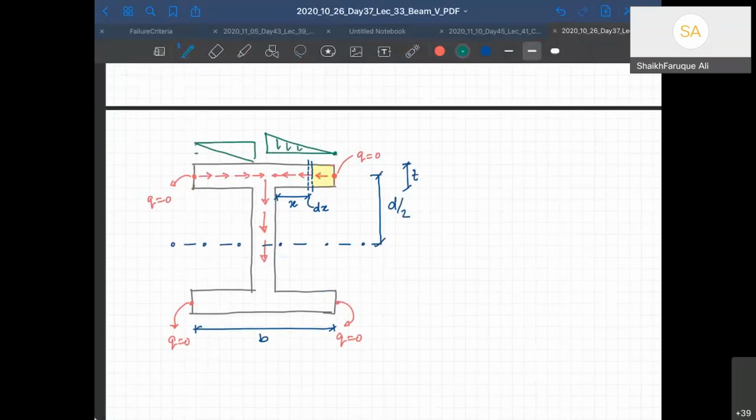You can draw it on both sides. Some books will draw it on both sides, some books will draw it at the bottom side like this. It depends on how you draw, but it doesn't matter because the direction is given by the arrows here. Same here, like this.